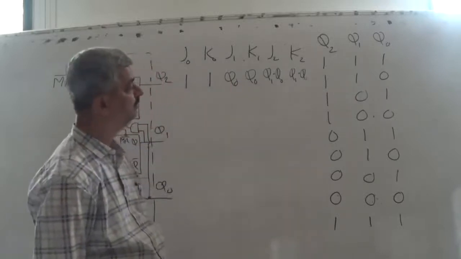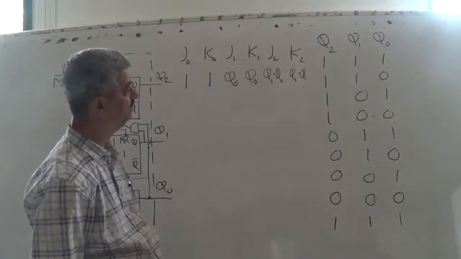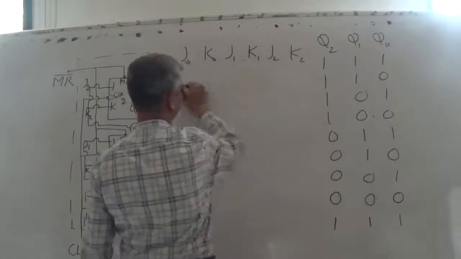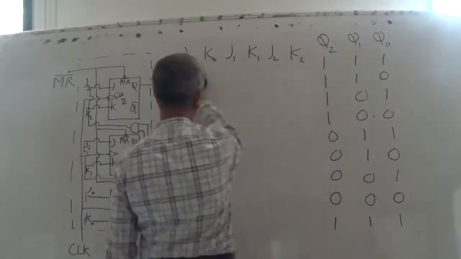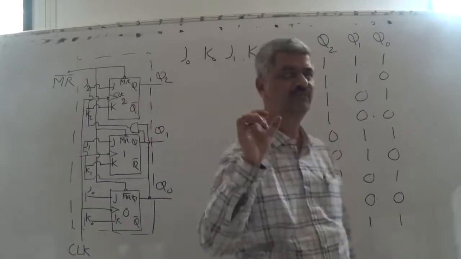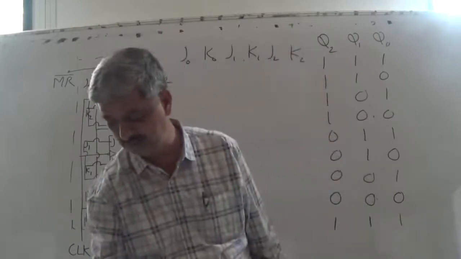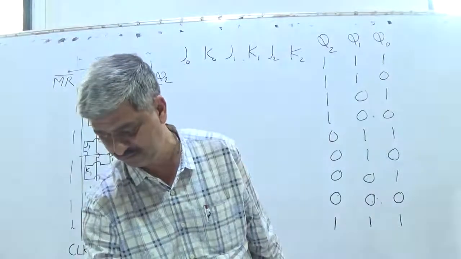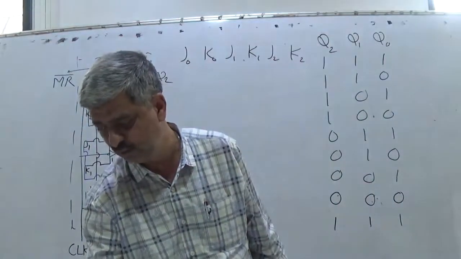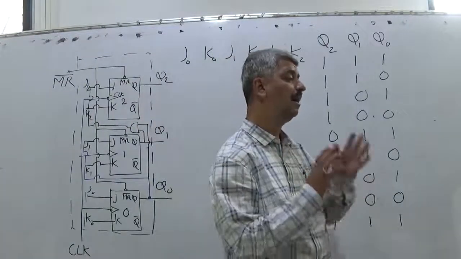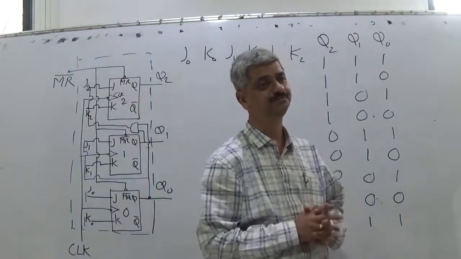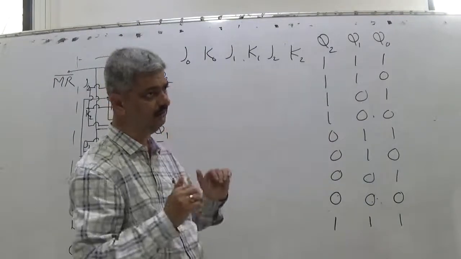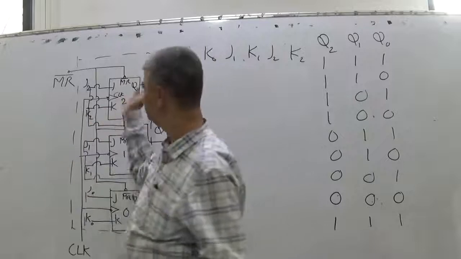So what do we observe there? The idea is very clear. Whether it is an up counter or a down counter, you need flip-flops equal to the number of bits. After those flip-flops, you have to make the clock common and bring out the reset.